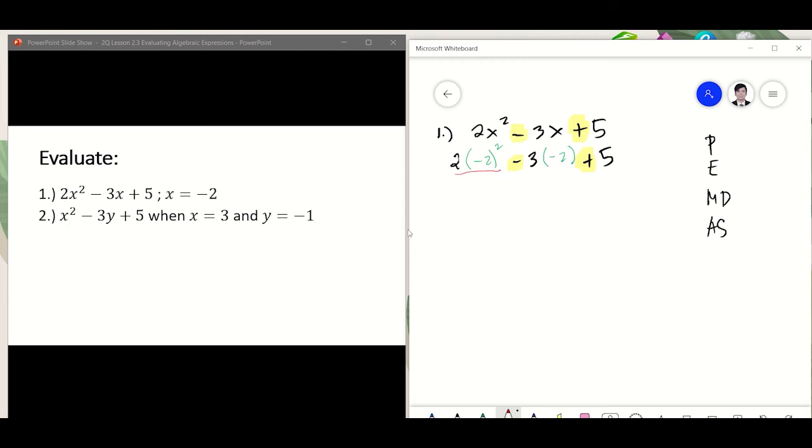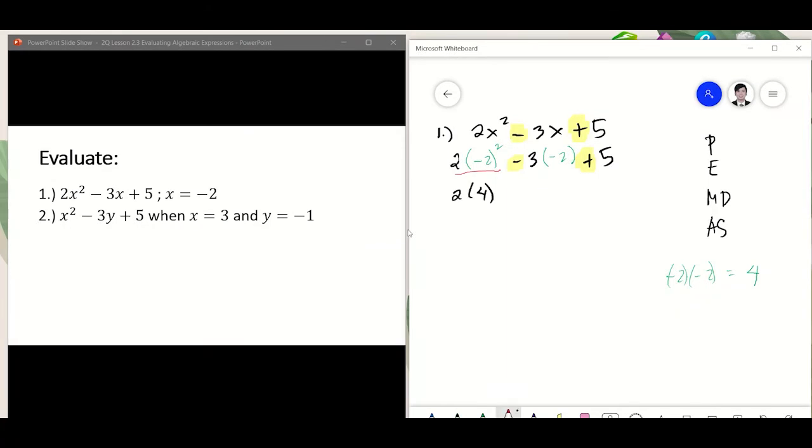So start with what's inside the parenthesis and then get its square. The square of negative 2 means negative 2 times negative 2. So negative 2 times negative 2 is positive 4. So this one becomes positive 4.